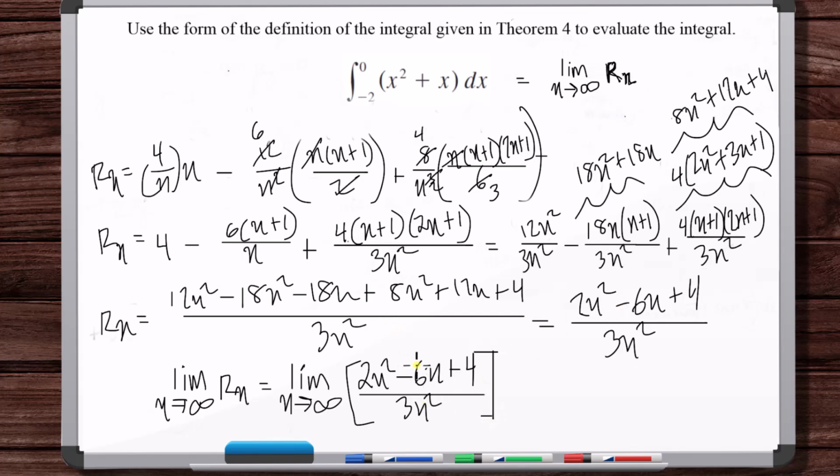This is a rational function, and if you divide the numerator and the denominator by n squared, then plug in n equals infinity, this limit is going to go to 2/3. So this definite integral is equal to 2/3, right? It's going to go to the coefficients in front of the n squareds.